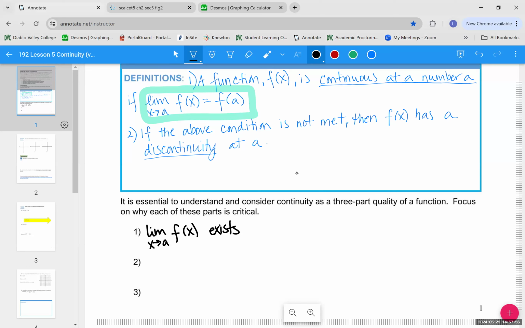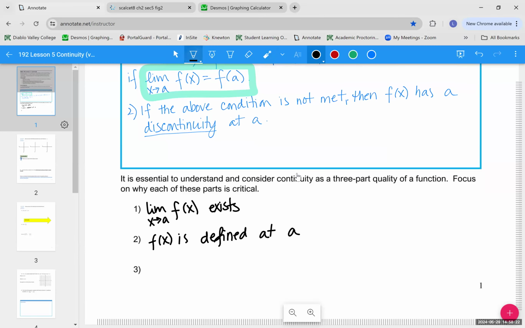And similarly, that f is defined at a. So on this side, we have the limit as x approaches a of f of x. That has to actually exist. And on this side, we have f of a, which means that a has to be in the domain of f. And then finally, the last condition is that those 2 values are equal.